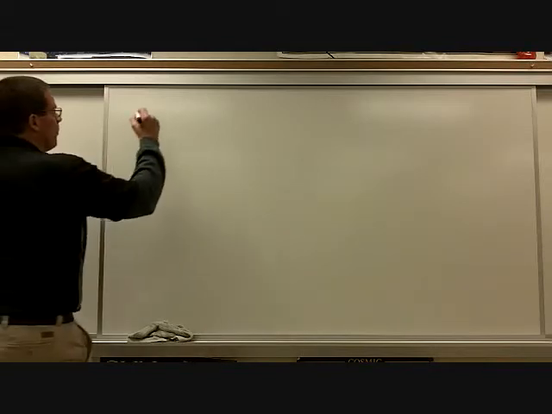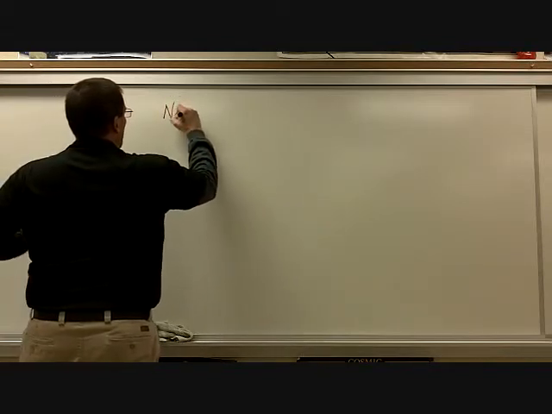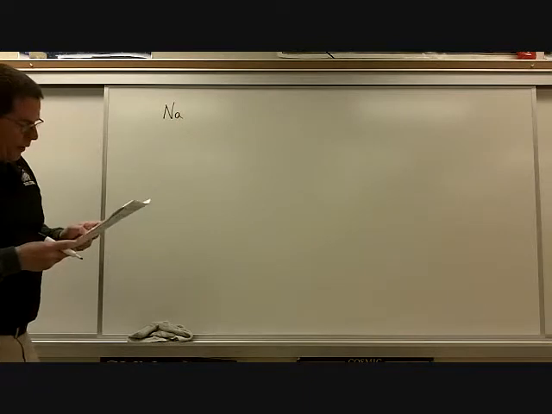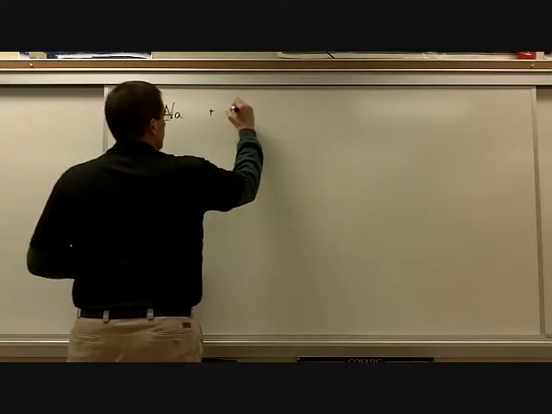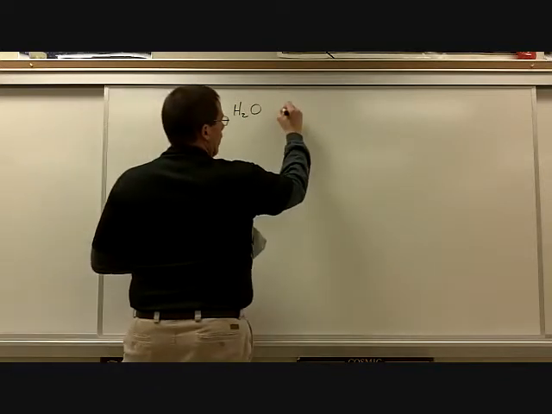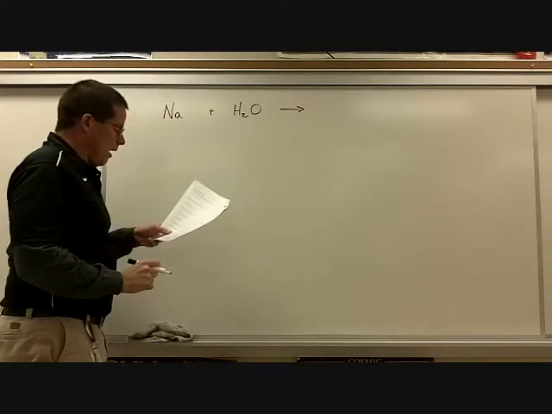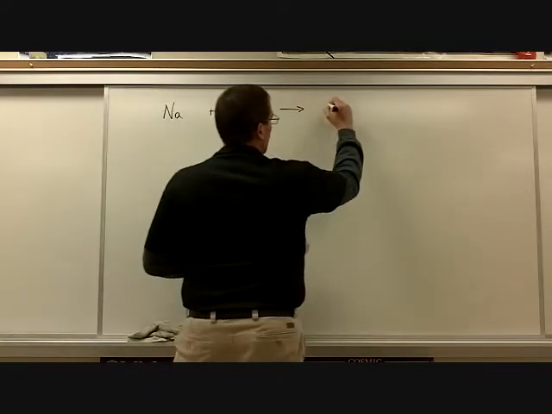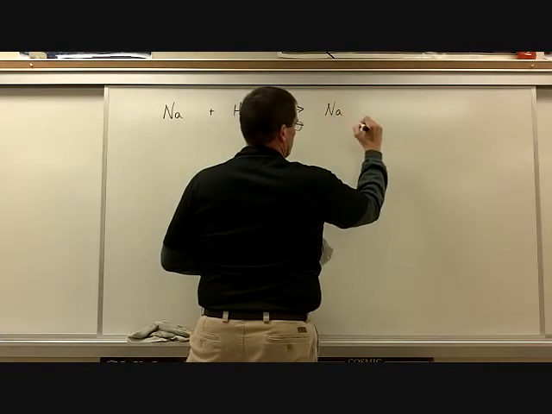Looking at 1H, it says sodium reacts with water to produce sodium hydroxide and hydrogen gas. So how do I write sodium? Na. Reacts with water, so hopefully you can do water, to produce arrow. Sodium hydroxide, so again, what's hydroxide?